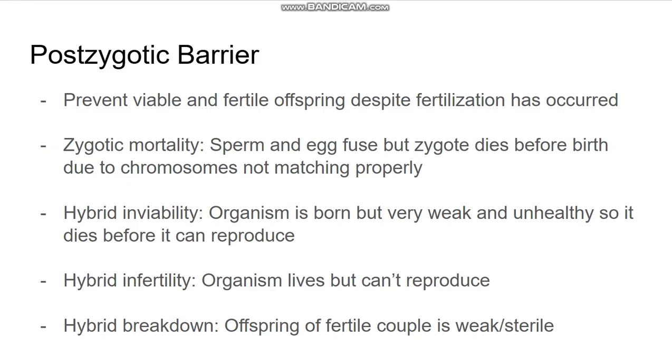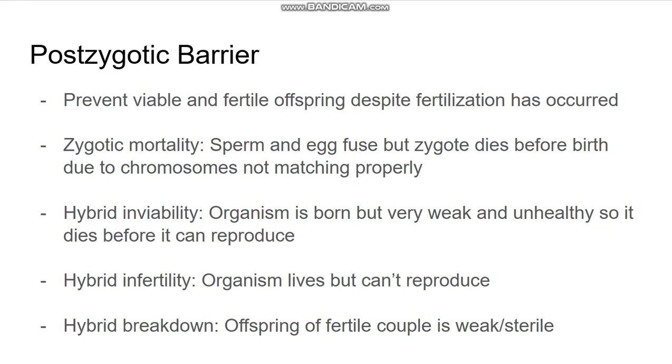And then hybrid infertility means the organism lives but it cannot reproduce. And then hybrid breakdown means the offspring of a fertile couple, a couple that can reproduce, is very weak or sterile.